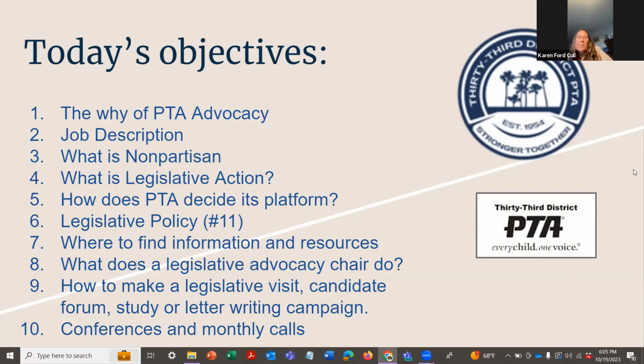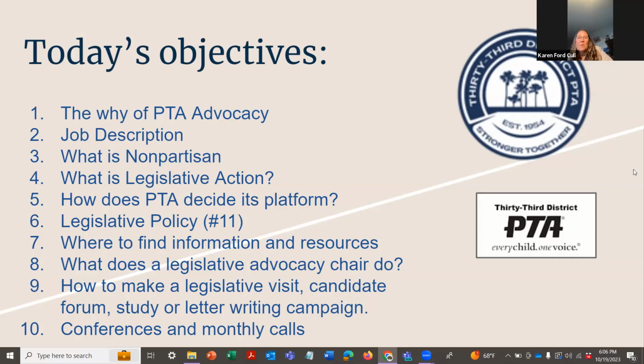Okay, and then we're going to look at some of the common questions about what it means by non-partisan, what legislative action means, and how does PTA decide its platform. And we're going to take a particular look at legislative policy number 11, a very important policy, and where to find information and resources.